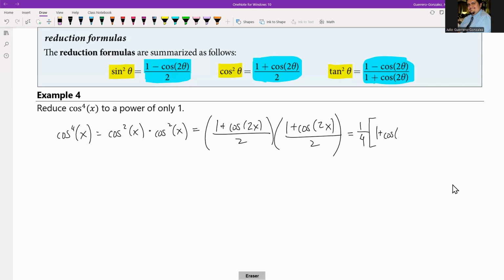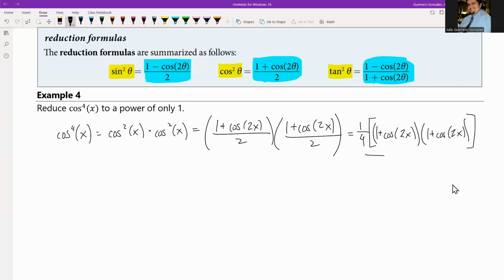It's very easy to switch to thetas when I'm copying stuff down. 2x. Put that one in parentheses. 1 plus cosine 2x. Done.